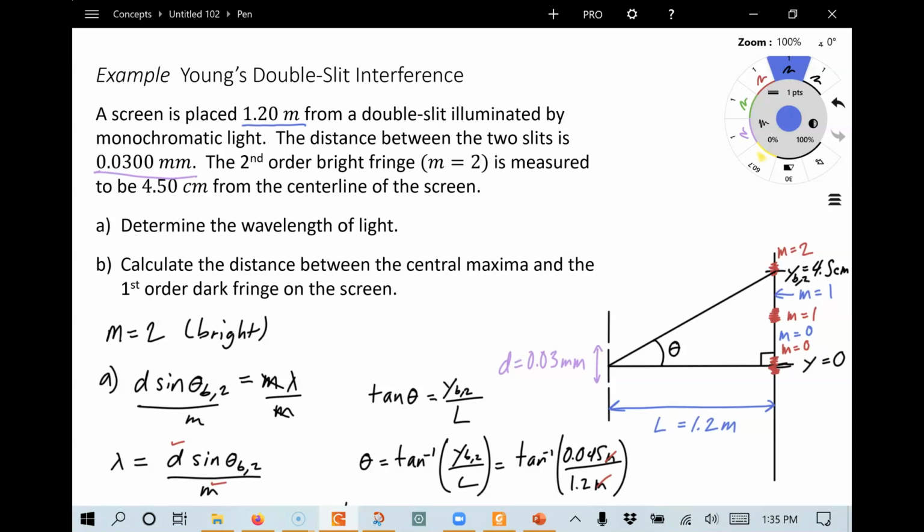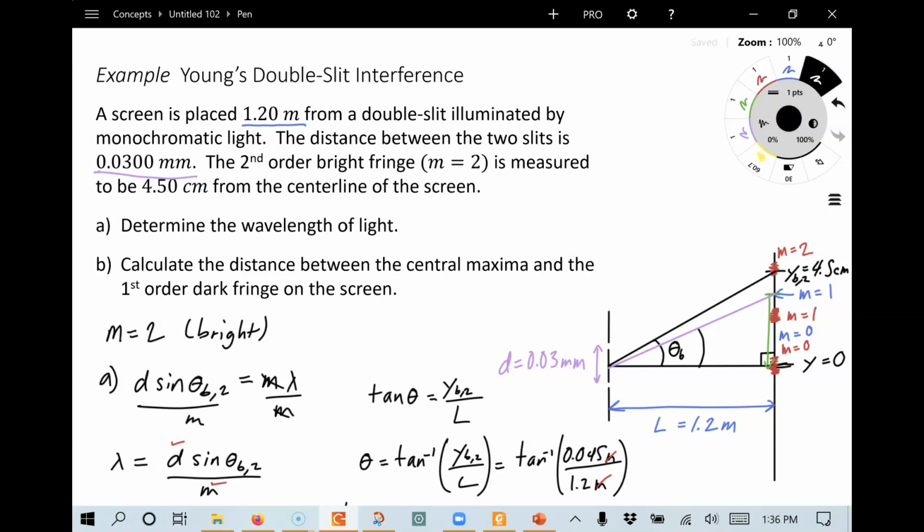And we're going to try to figure out the distance between the central maxima and the first order dark fringe on the screen. So we want to figure out this length right here, from here down to there. It's going to be a new triangle that we make. So if we think about drawing that triangle, it's going to look like this. There. And so we're going to be looking for now this angle here.